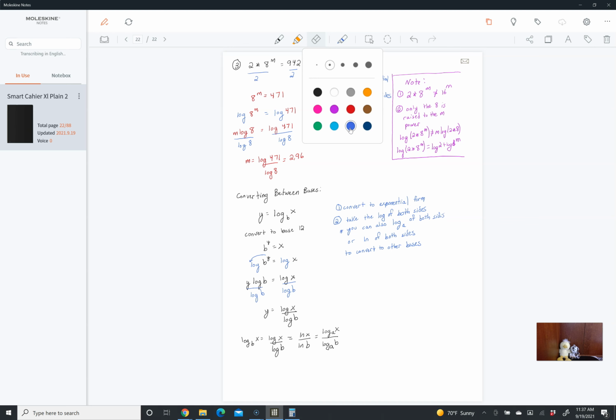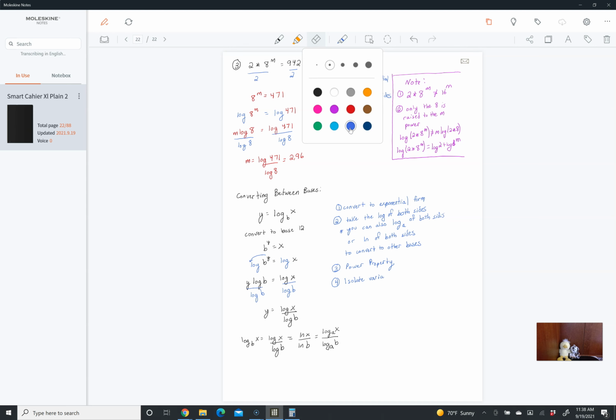And then your last step, you do the power property, just like before. And then you're isolating your variable.